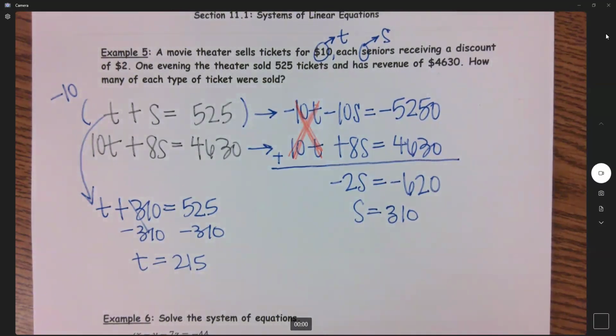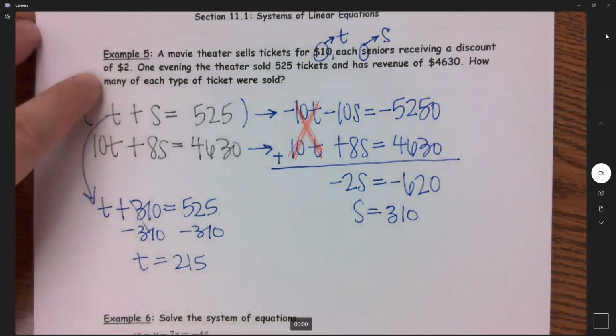Now this one doesn't make sense to write as an ordered pair because it's a word problem, right? Answer the question: how many of each type of ticket were sold?